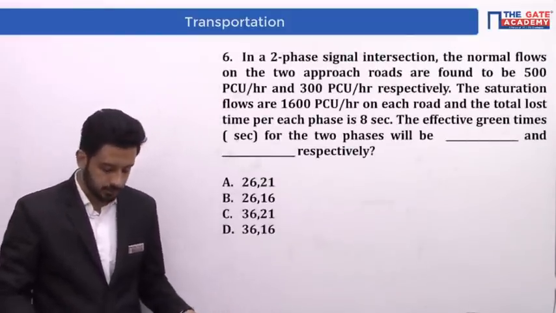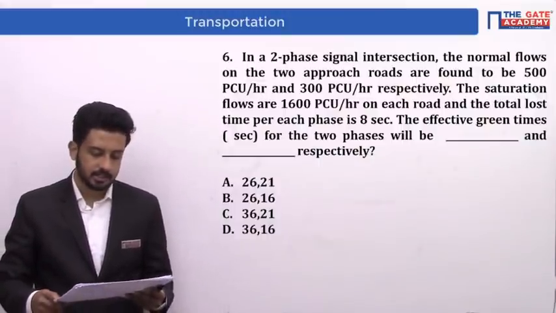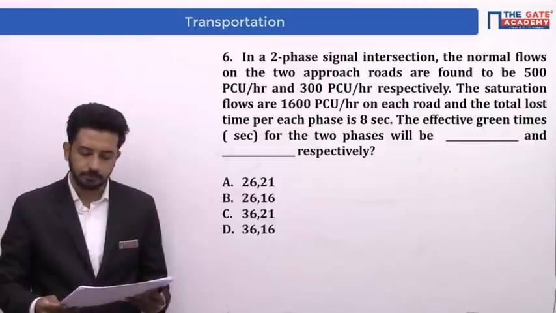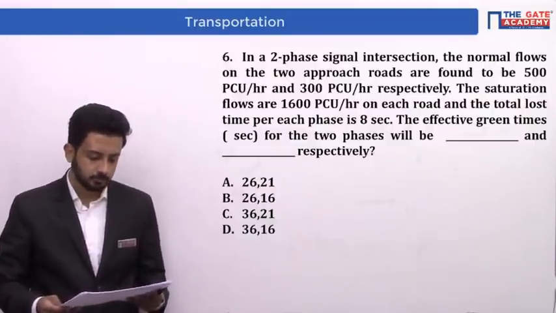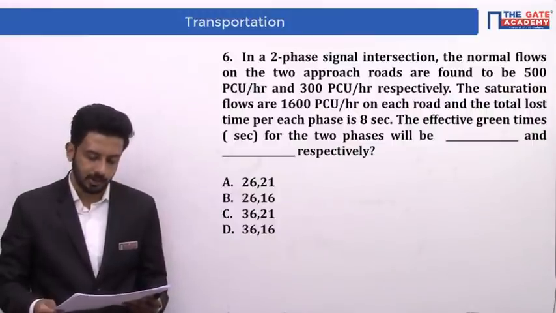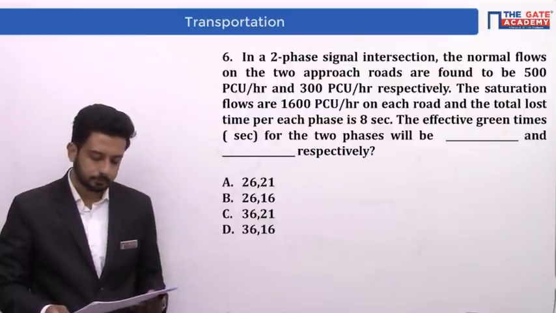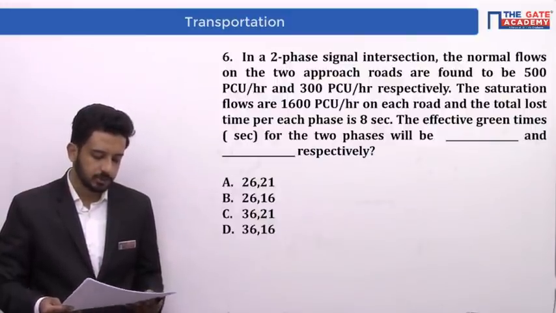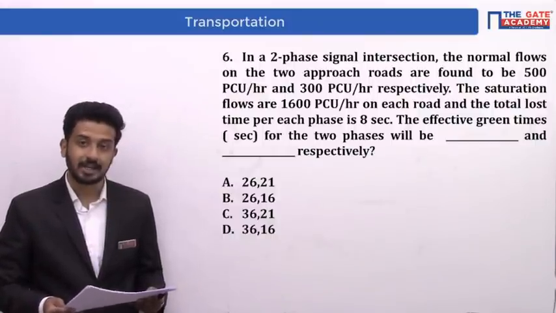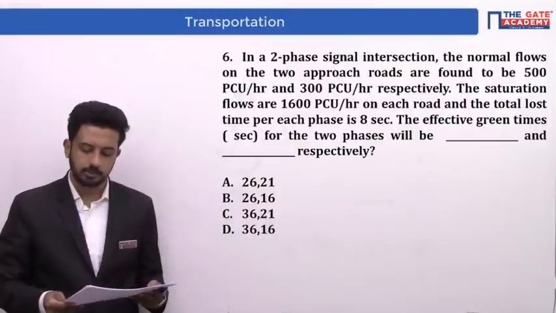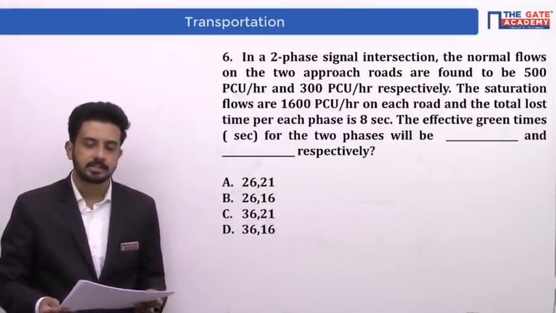So let's read the question. In a two-phase signal intersection, the normal flows on the two approach routes are found to be 500 PCU per hour and 300 PCU per hour respectively. The saturation flows are 1600 PCU per hour on each road, and the total lost time per phase is 8 seconds.